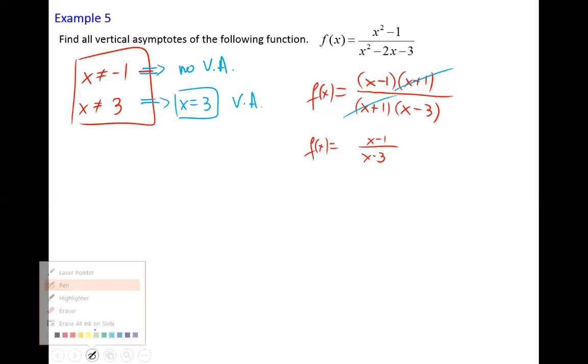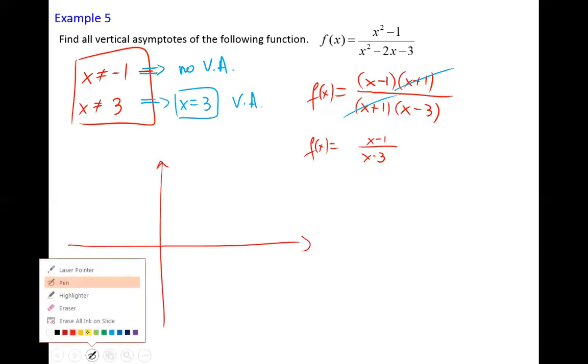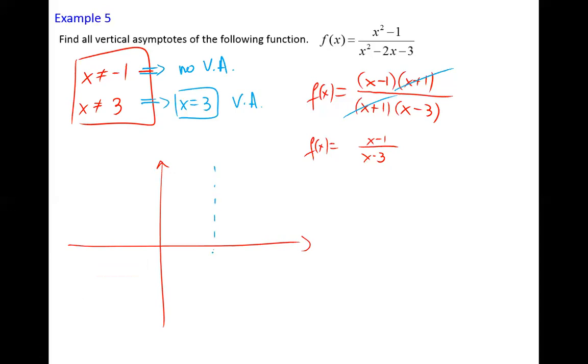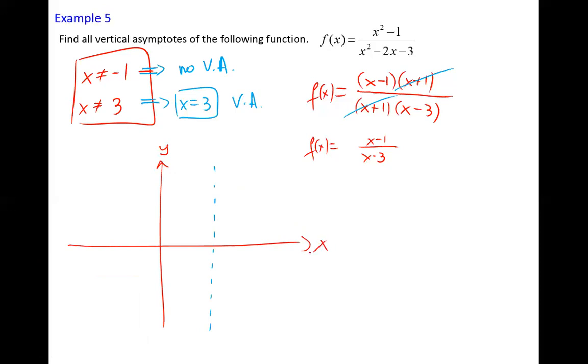Okay? And again, we can try to draw it. We do have a vertical asymptote at 3. I can draw on the right-hand side the function will go up, and on the left-hand side the function will actually go down.